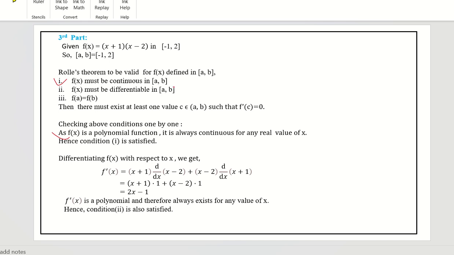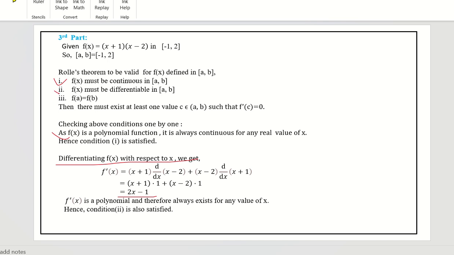Here it is the open interval, right? Differentiating f(x), we get 2x minus 1. This is the derivative. This is a polynomial, and it exists for any value of x. It is also differentiable in this interval, right?